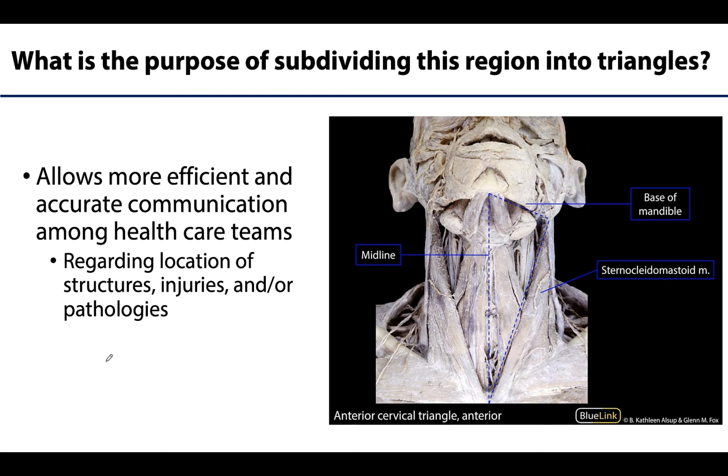So, as part of a healthcare team, you could say there's a laceration in the submental triangle, which is going to be right in this region here, instead of having to say there's a laceration kind of close to the sternocleidomastoid but higher up and closer to the mandible than to the sternum. So being able to say something is within a triangle that everybody understands those boundaries will help with communication.